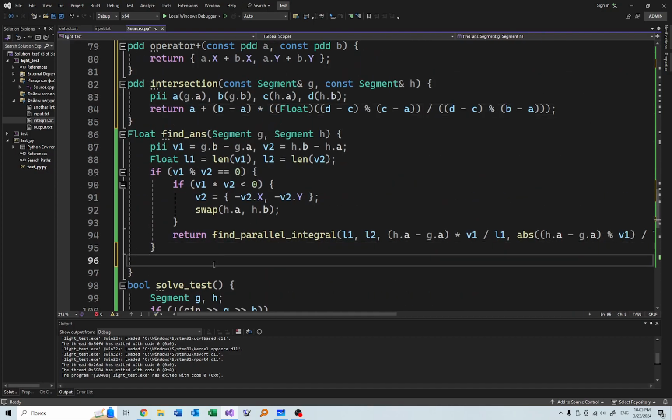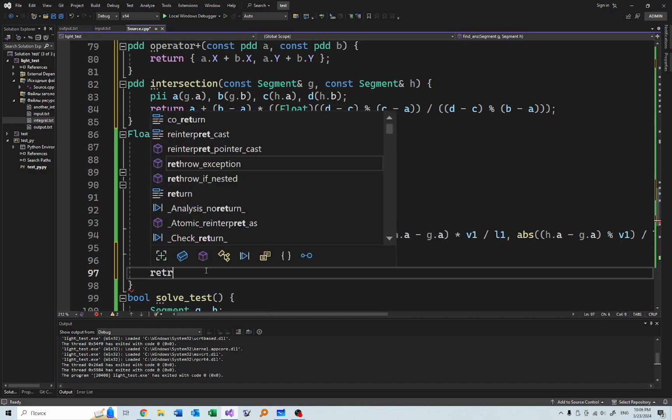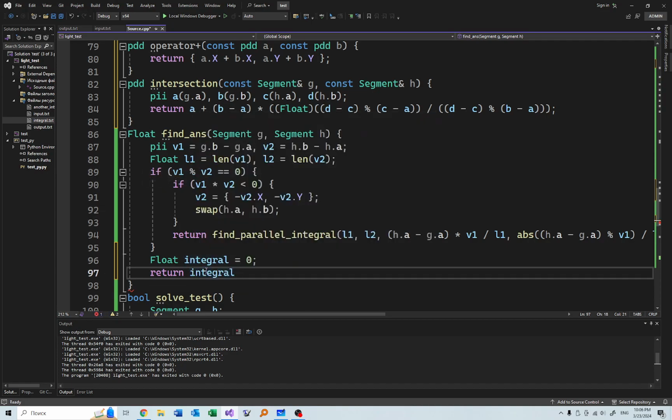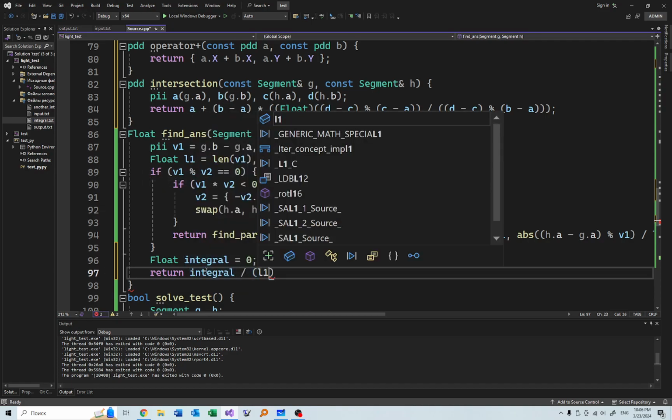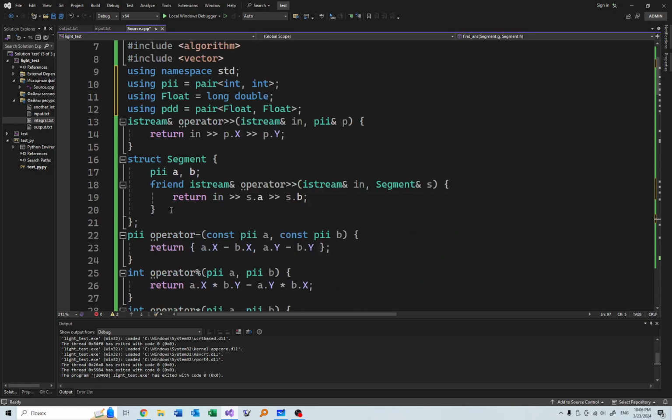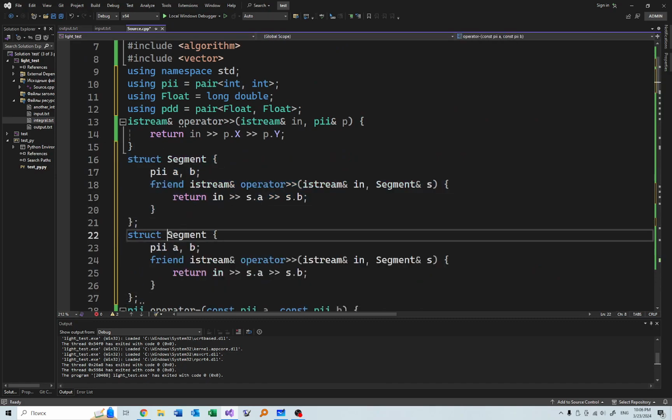So in the end, actually, we will have float integral equals 0, and we will return integral divided by L1 times L2. Let's make a structure float segment.